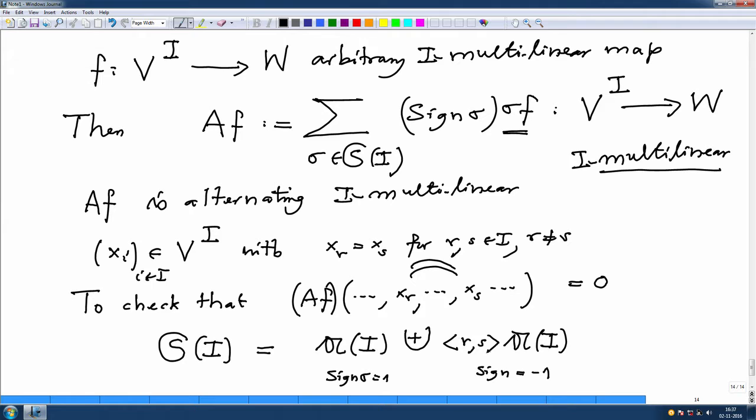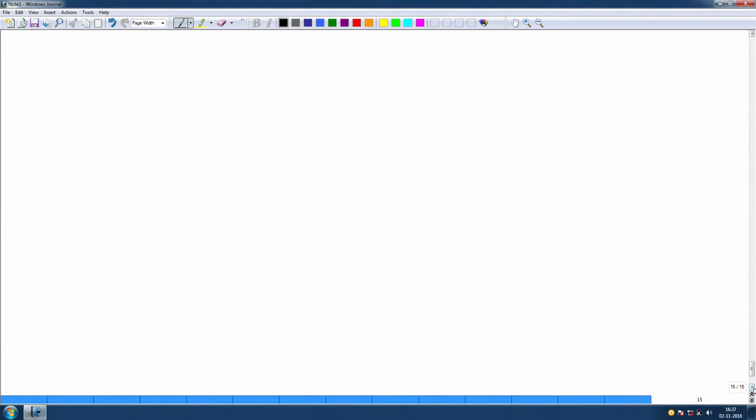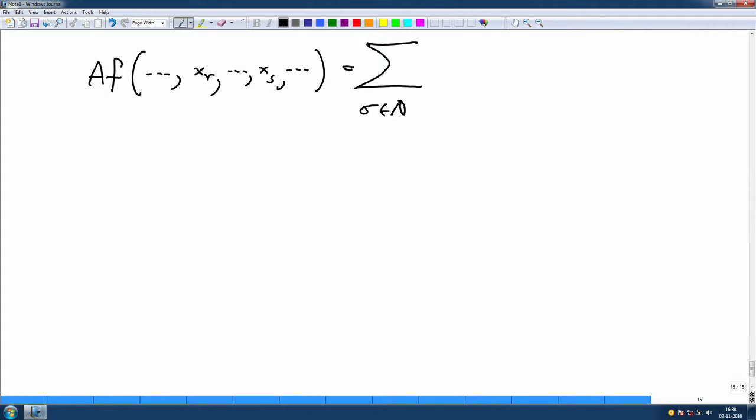Therefore, Af at this tuple xr, xs is by definition the summation with sigma running in A_i, the alternating group, and in this case I do not need a sign because the sign is 1, so that is just sigma f evaluated on this tuple.